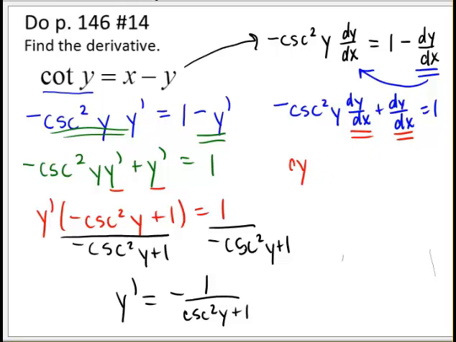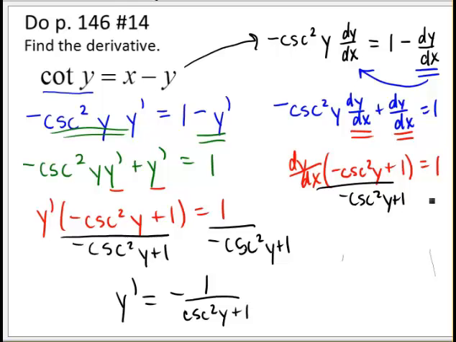So I end up with dy over dx times negative cosecant squared y plus 1 equals 1. Divide by negative cosecant squared y plus 1 on both sides, to come up with my final answer, dy over dx equals negative 1 over cosecant squared y plus 1.